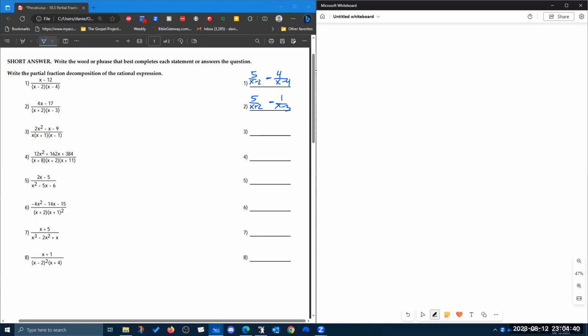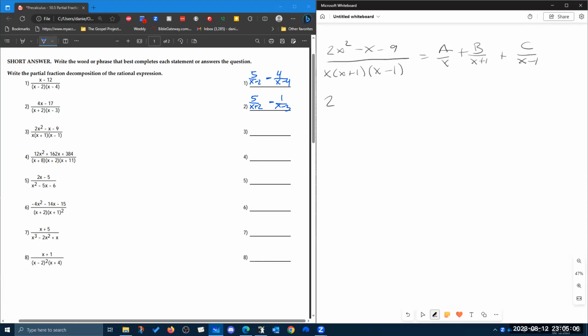So in this one, we're going to have 2x squared minus x minus 9 over x times x plus 1 times x minus 1 equals a over x plus b over x plus 1 plus c over x minus 1.